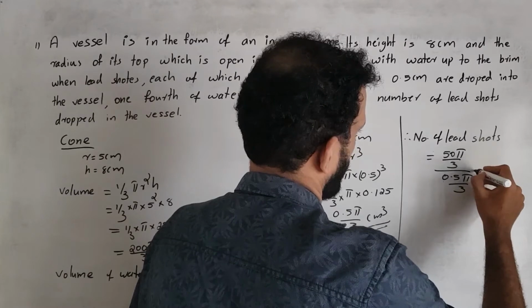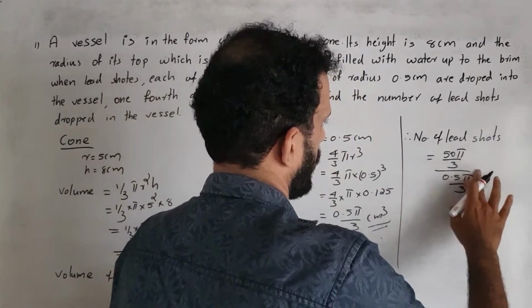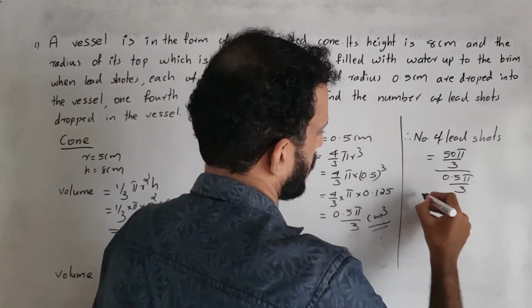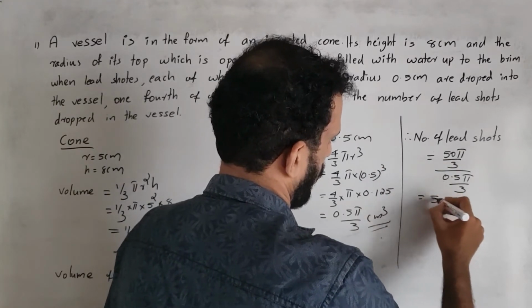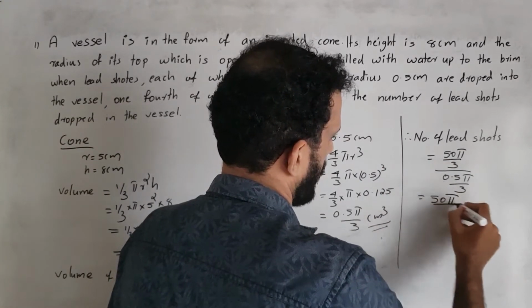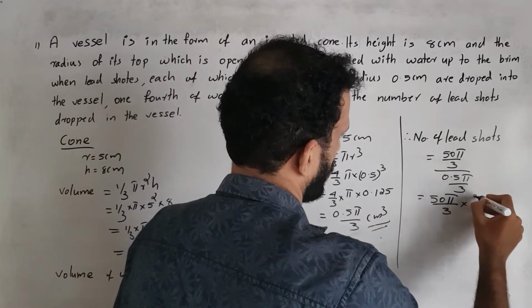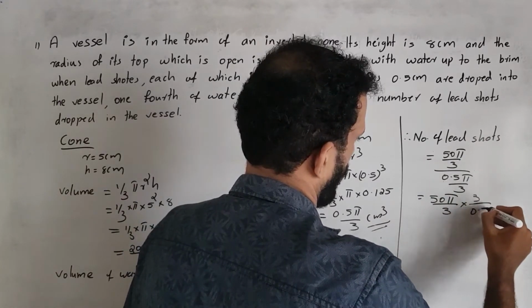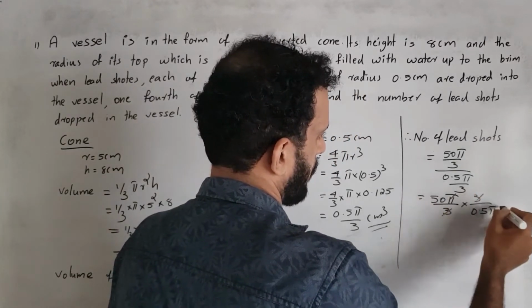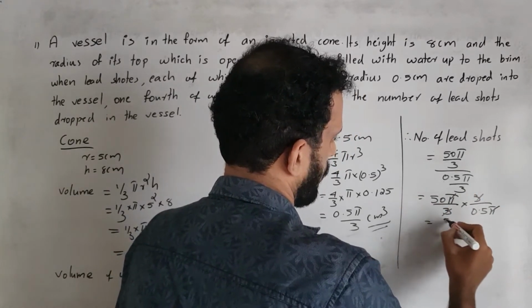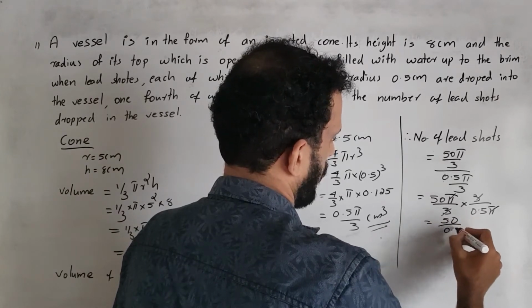Here we are dividing two fractions, so we multiply the numerator by the reciprocal of the denominator: 50 pi by 3 into 3 by 0.5 pi. We cancel 3 and 3, pi and pi, so it is equal to 50 by 0.5.